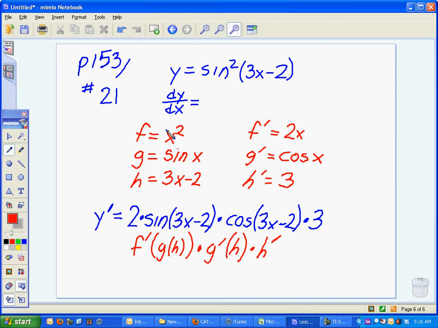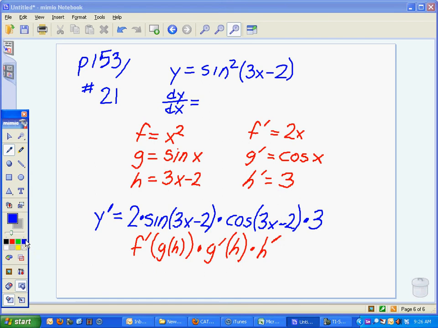F never gets used. F prime of g of h of k of l of m and n, however many there are, you go from here down to there and then just go down. G prime, go over to h and k and l and m, however many there are. H prime, if there are any more over here, we keep going down, and you just keep repeating that over and over. Alright, so there it is. 2 times the sine of 3x minus 2 times the cosine of 3x minus 2 times 3.